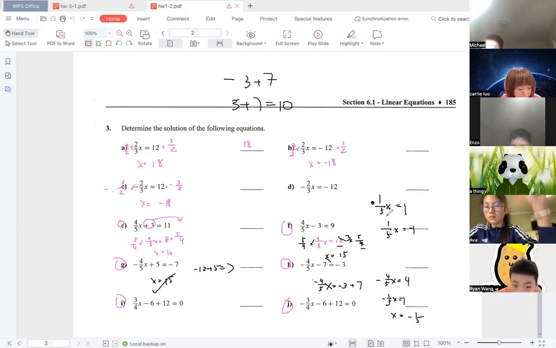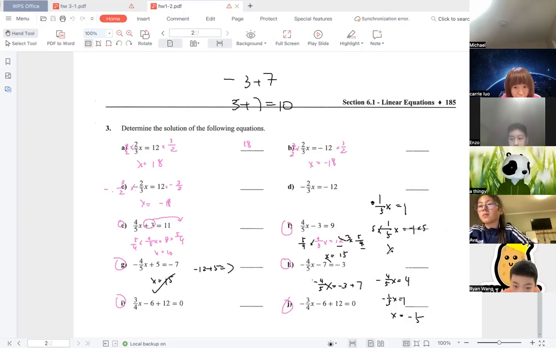Times 5. Good job. I'm going to times 5 for both the left side and the right side. Why do we times both sides? Because then there's no more fractional x, just x. So x equals negative 1 times 5 equals negative 5. So the answer is negative 5.